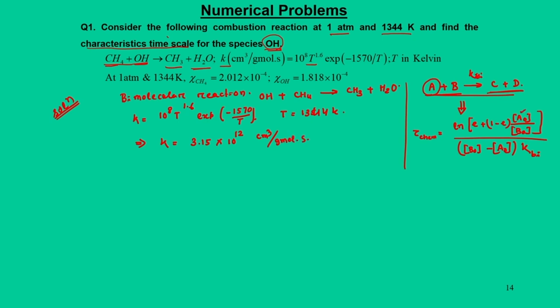We require the initial concentrations A0 and B0. In our case A stands for OH and B stands for CH4, and we need to find out their concentrations. We have to find them because we are given the molar fractions, so molar fraction needs to be converted to molar concentration.